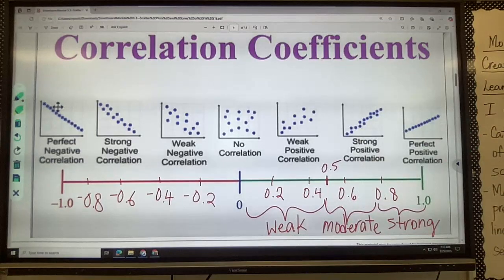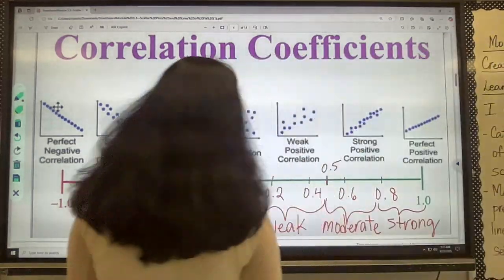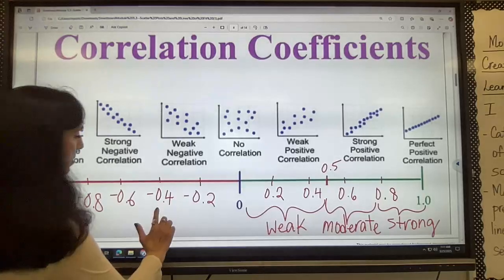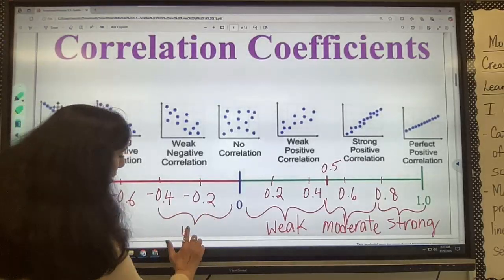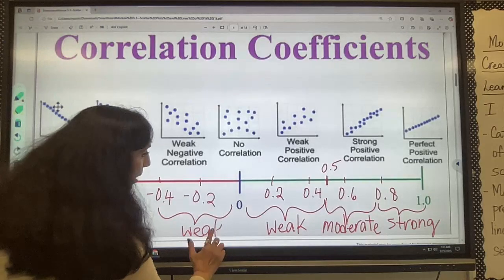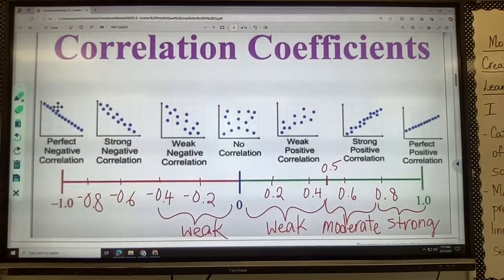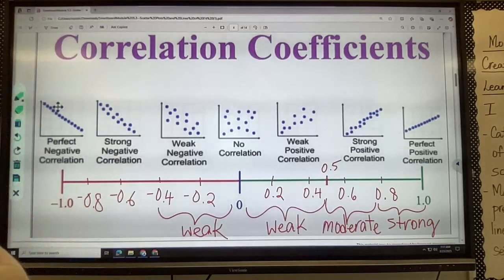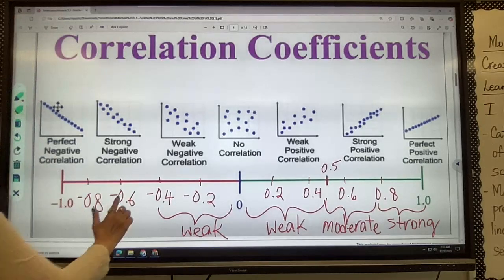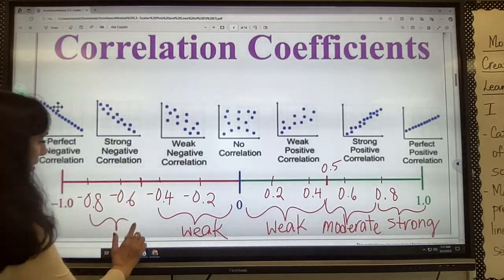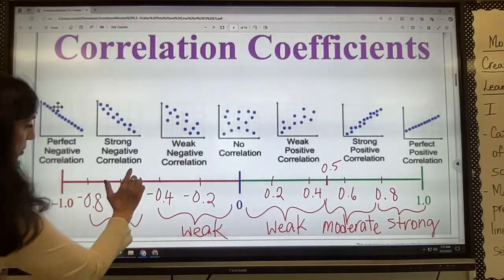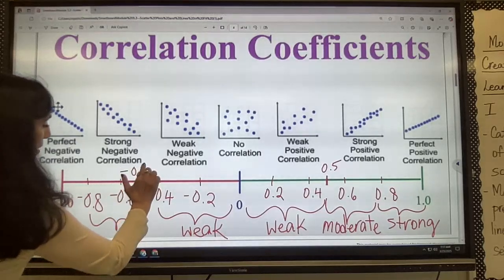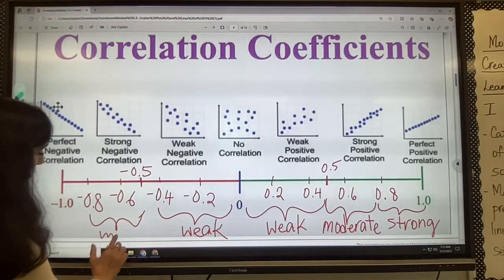And as it turns in this direction, the same thing happens. This is weak, and from -5/10 to -8/10 is my moderate.